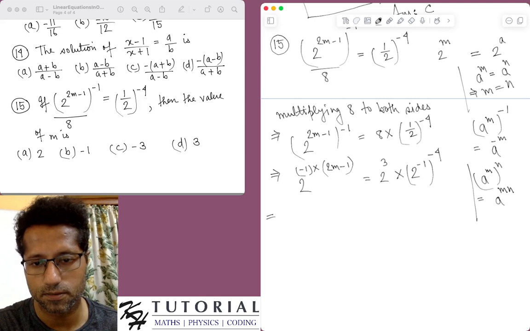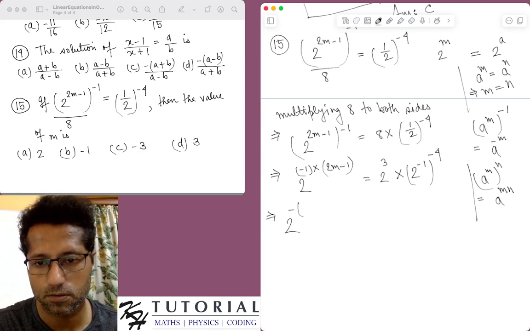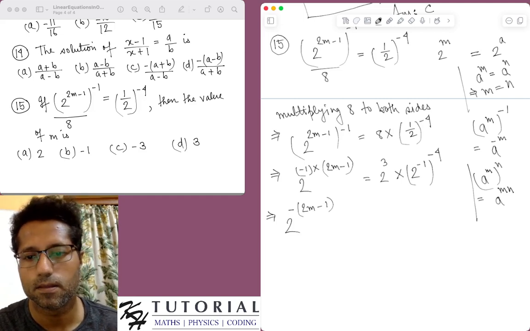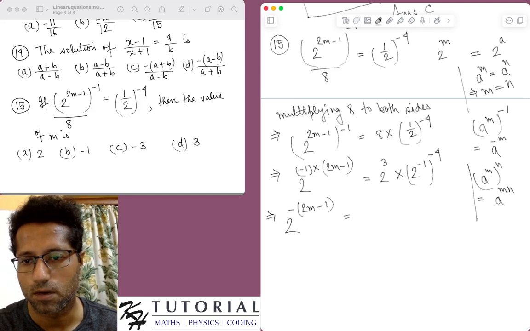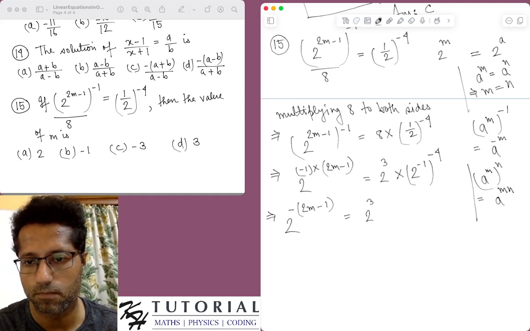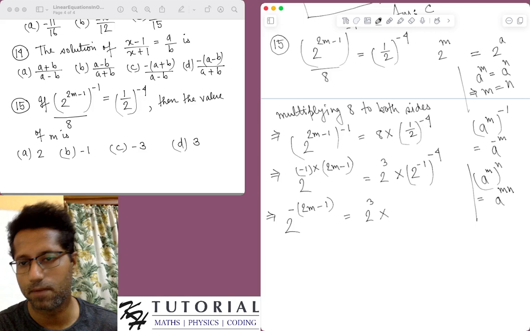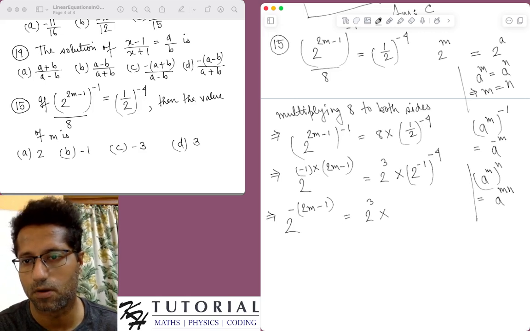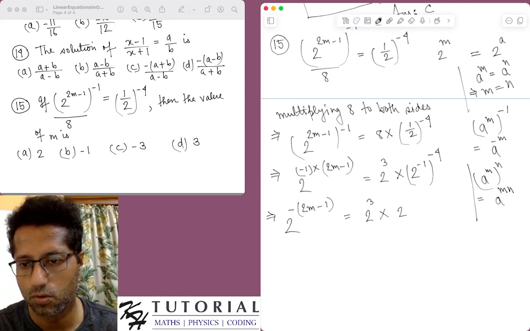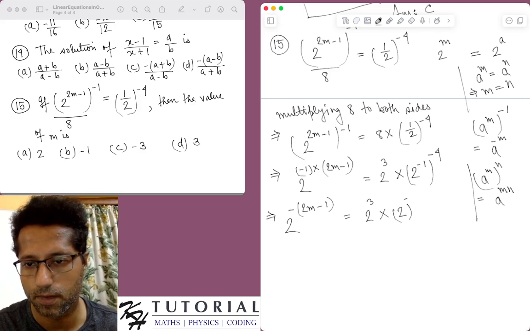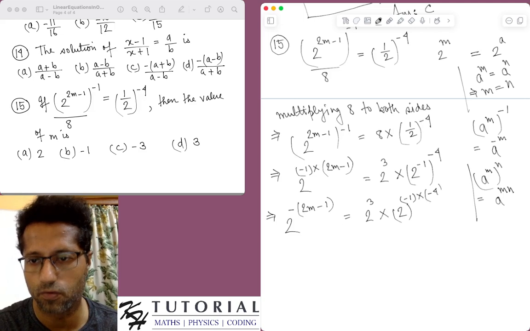Now the LHS becomes 2 to the power minus 2m minus 1 equals 2 to the power 3 multiplied by 2 to the power minus 1, and again raised to the power minus 4, is nothing but 2 to the power minus 1 multiplied by minus 4.